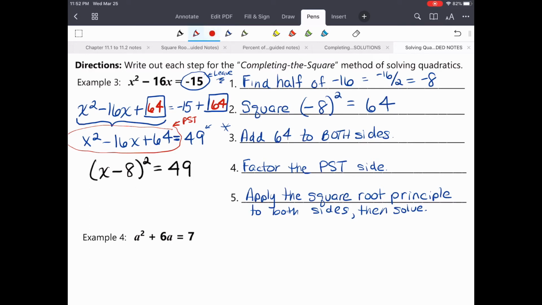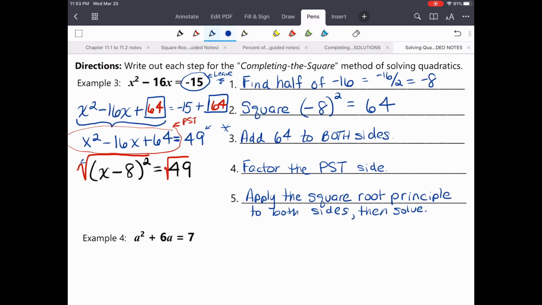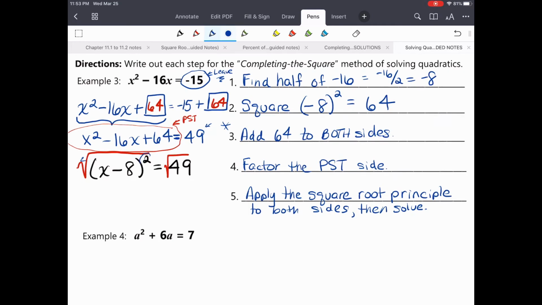All right, so we're going to take the square root of that side, and what we do to one side, we do to the other. And when you take the square root of a square, that undoes the square. So that 2 is now gone. It's x minus 8.